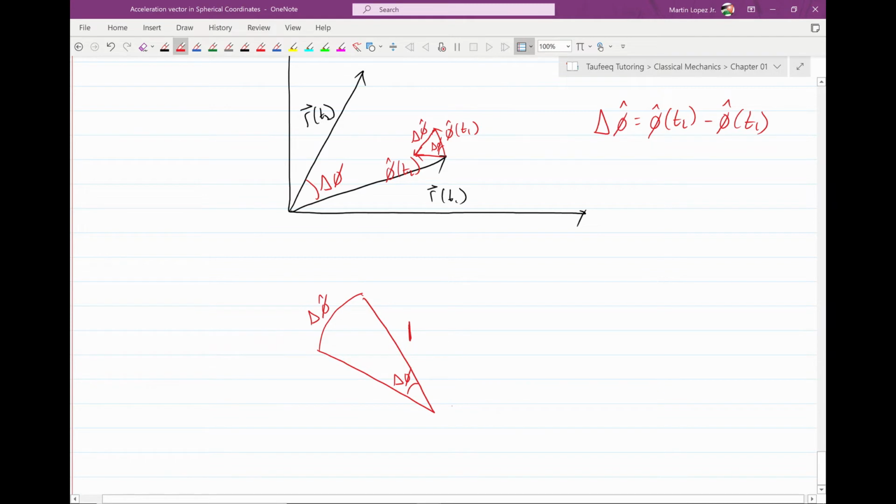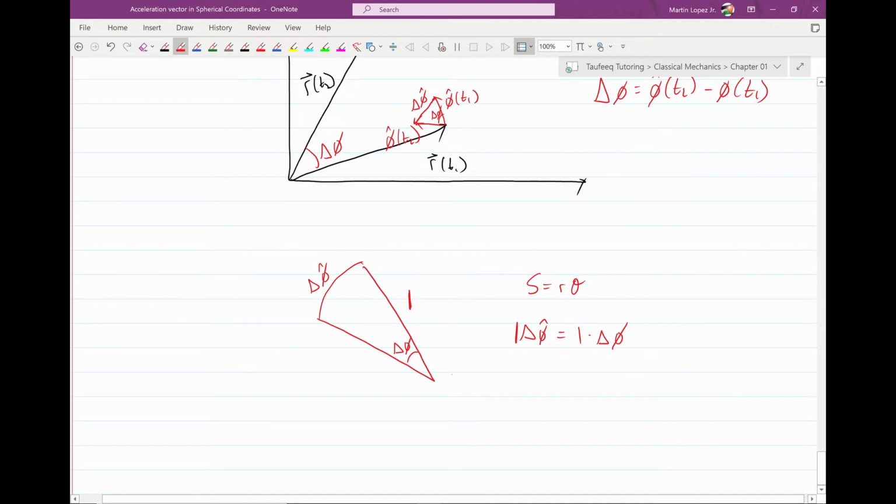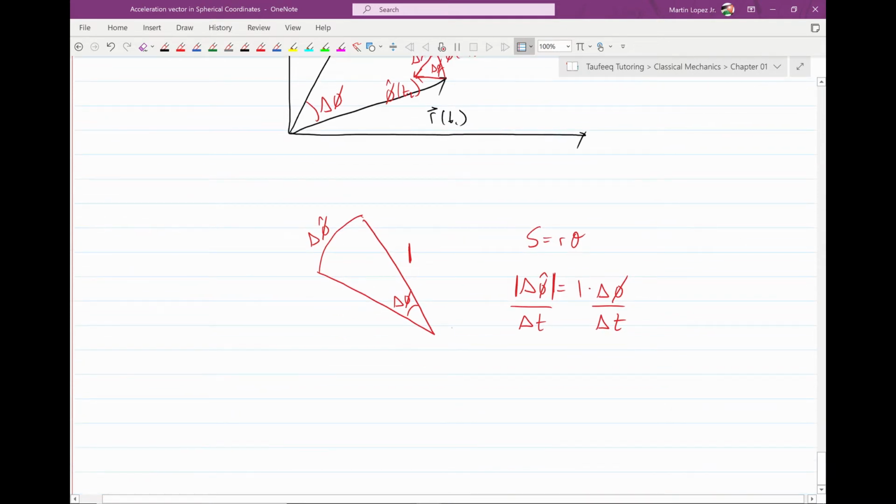And again, this length is 1. Now, we had s is equal to r theta. s is delta phi hat. r is 1 again. And the angle is delta phi. And remember, this is the magnitude because this is a scalar equation, and we're going to translate it to a vector equation. Divide both sides by delta t because we want to find phi hat dot, the change in phi hat over the change in time.